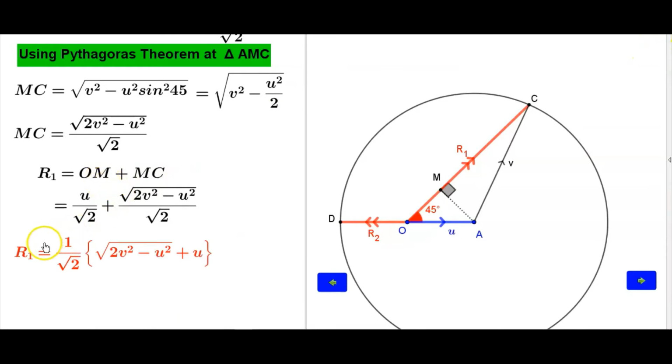But R1 is equal to OM plus MC, so we put u over root 2 plus MC. When we simplify further, R1 is equal to 1 over root 2 times the square root of (2v squared minus u squared) plus u. This is R1.